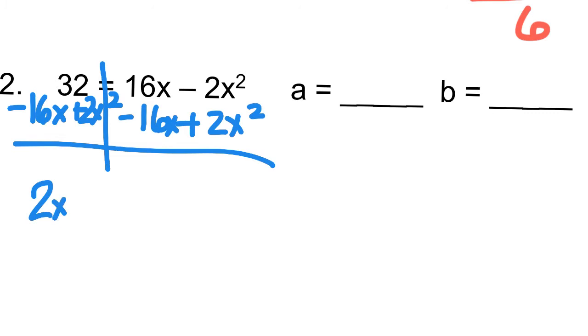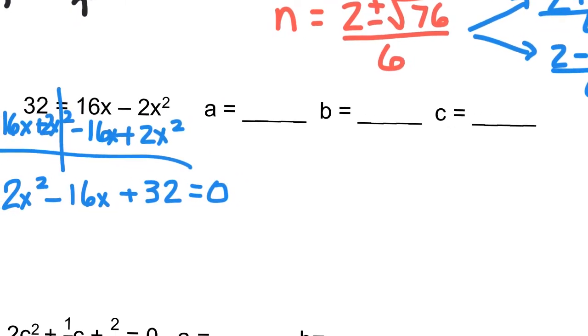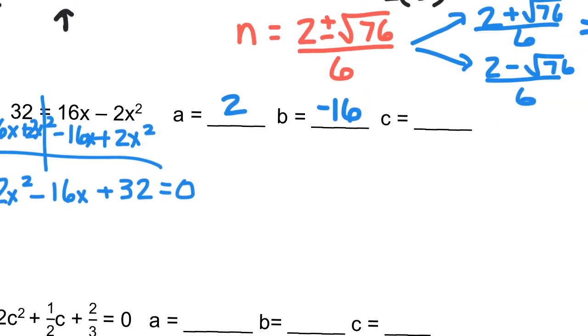So let me rearrange this so that my x squared is first, followed by my x, and then followed by the constant. It's all equal to 0. Then my a is 2, my b is negative 16, and my c is 32.